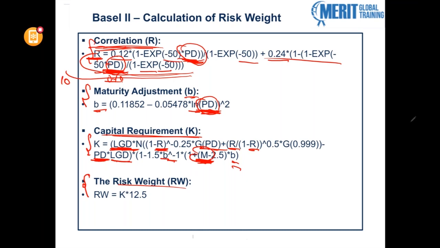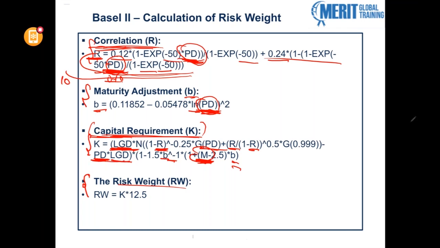Okay, so after calculating our capital requirement, please note this capital requirement K is different from the 8% capital requirement that we spoke about. I think it's quite confusing sometimes. I don't know why they use the term capital requirement here and also for the calculation of the normal capital requirement that we need to set aside. They are two different things.